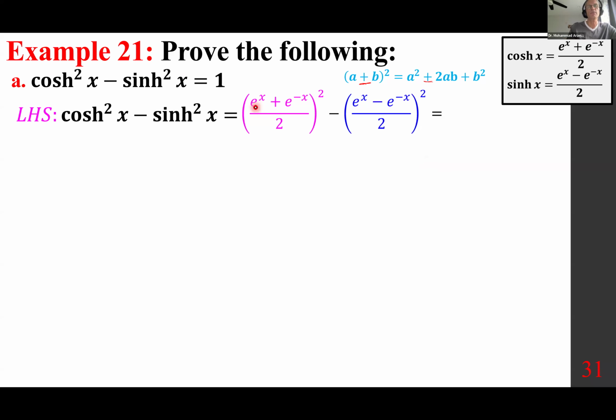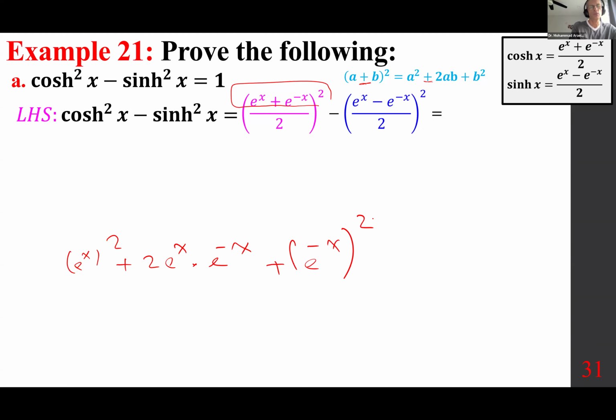Now what happens to this one? Let me just actually write the top here, just the top. So it's e to the power of x squared plus 2 e to the power of x, e to the power of minus x, plus e to the power of minus x squared. So what is this? e to the power of 2x. This I'm going to write just the way it is, and we'll see what happens. And this is plus e to the power of negative 2x.